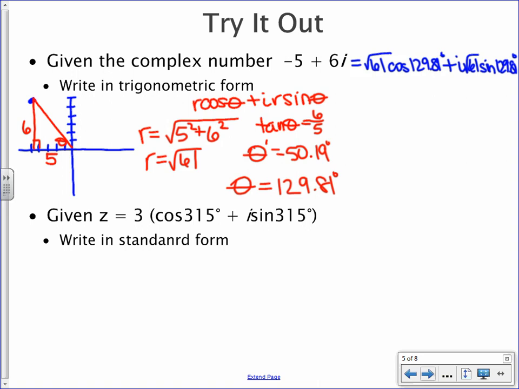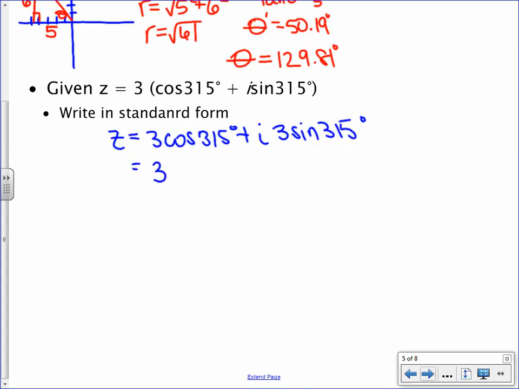Okay, so how do we get this into standard form? Well, first of all, this is 3 cosine of 315 plus i 3 sine of 315. Can we evaluate the cosine and sine of 315? What is the cosine of 315? Not in your calculators.